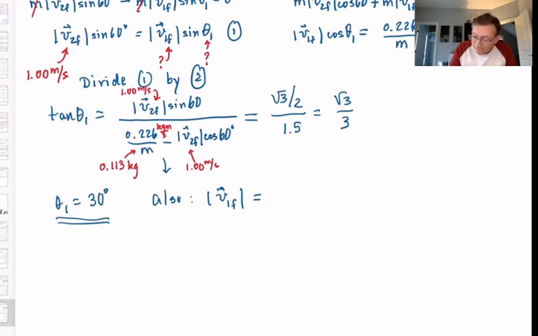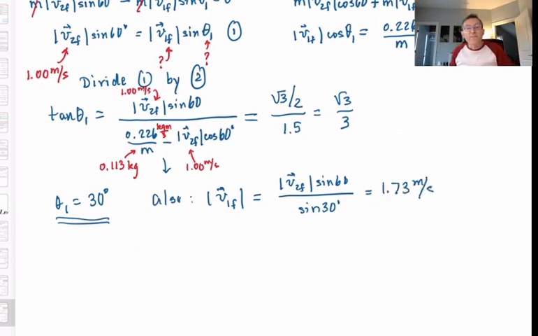Just use equation 1 and solve for v1 final: v2 final sine 60 over sine 30, because I now know theta 1 is 30. And I get 1.73 meters per second. That's how fast particle 1 goes off. So they don't go off at the same speed this time. But they do go off at angles that add up to 90.